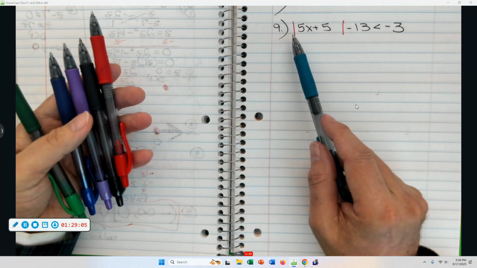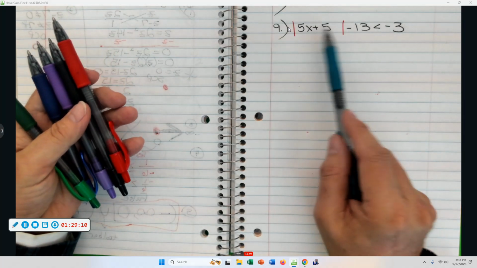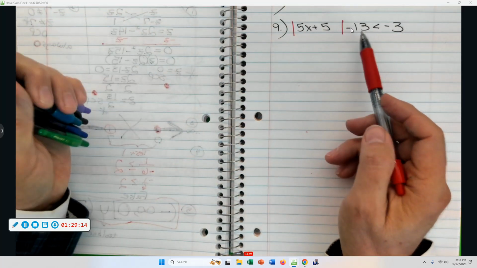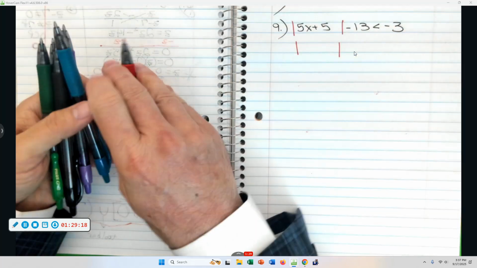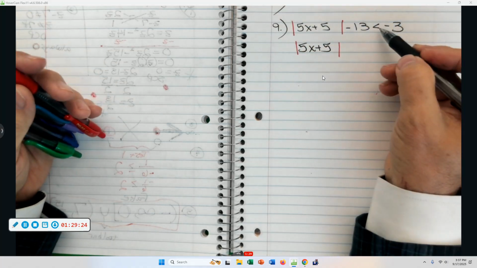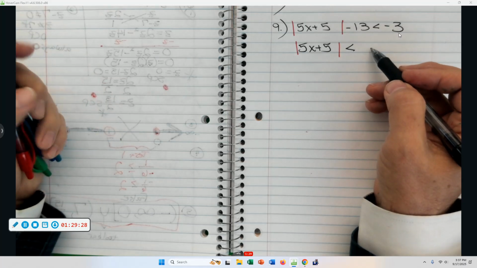So before I do anything else, I'm going to get this absolute value by itself by moving that 13 over, adding 13 to both sides. We're going to get the absolute value of 5x plus 5 is less than, what am I going to have over here? 10.